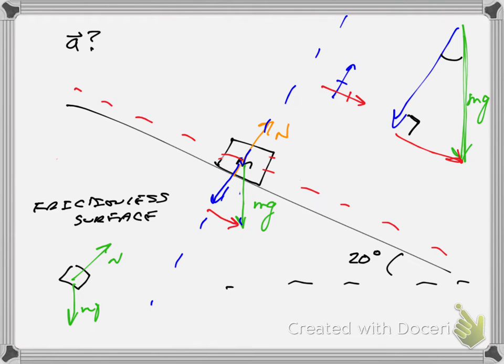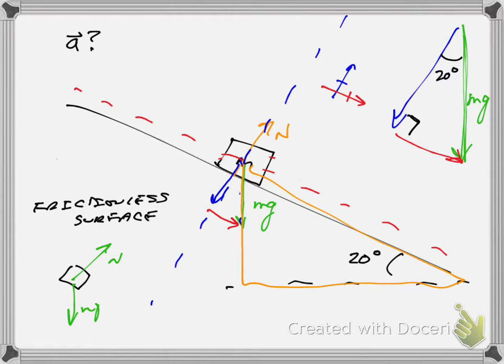And so I've redrawn it up here in the top right, so we have more room to show what we're doing. If mg is both in the y direction and the x direction, it has these two components. First, let's talk about this angle. What is this angle? That angle is 20 degrees. How do I know that?